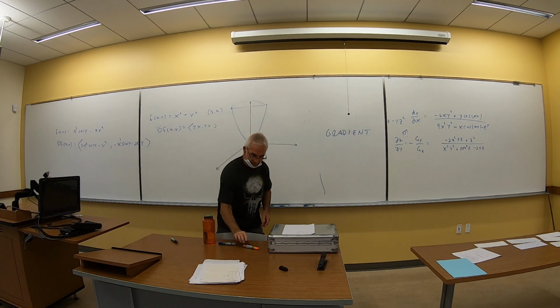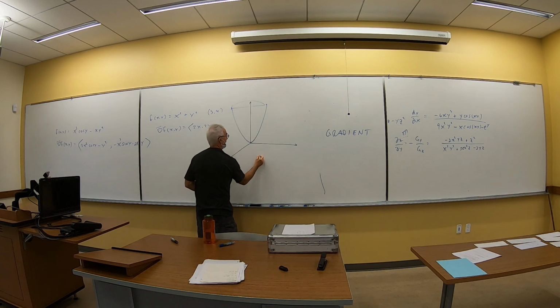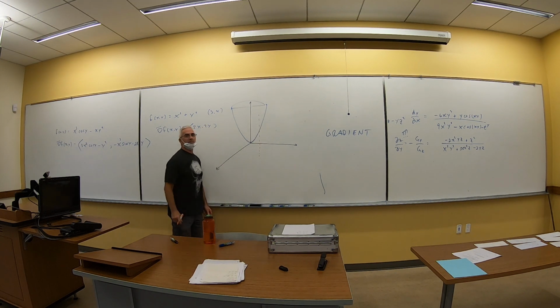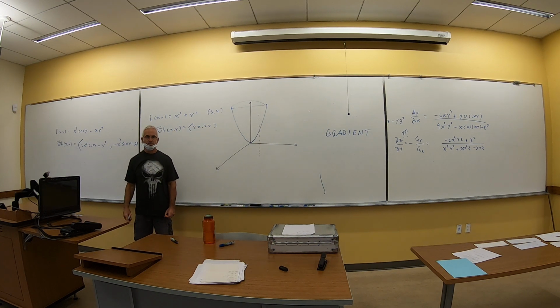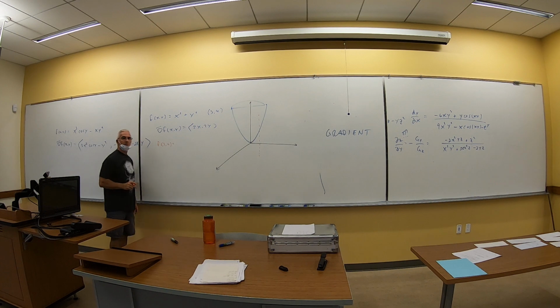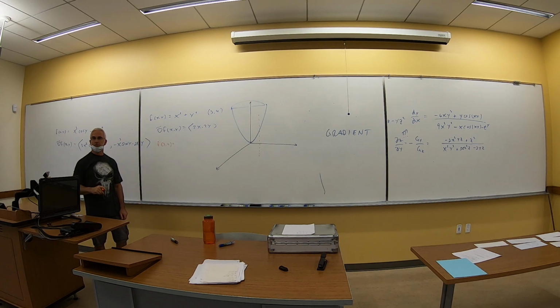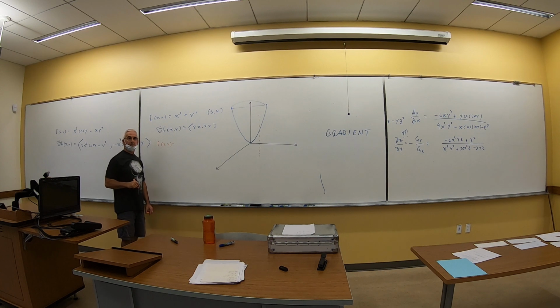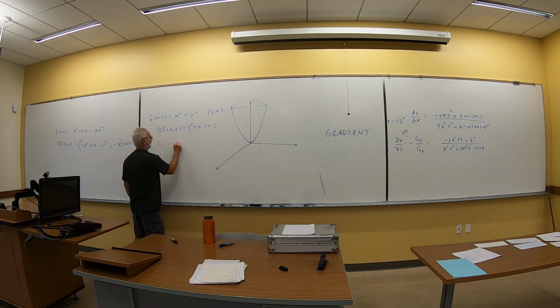Now, I have a point. 3 comma 4 would be about here. But it's going to touch a point on my surface, isn't it? Okay, so first of all, what is f of 3 comma 4? F of 3 comma 4. 25. 25, yeah.